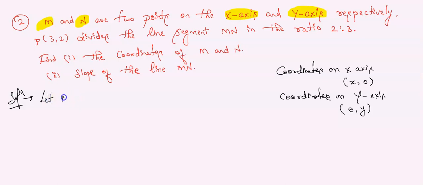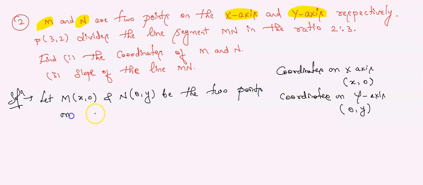Let M be x, 0, because M is a point on x-axis, so the coordinates of M is x, 0, and N is the point on y-axis, so the coordinates of N is 0, y, be the 2 points on x-axis and y-axis. Is this clear? Understood? The coordinates of M is x, 0.